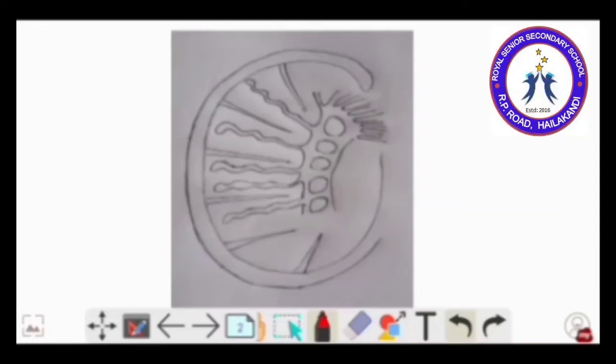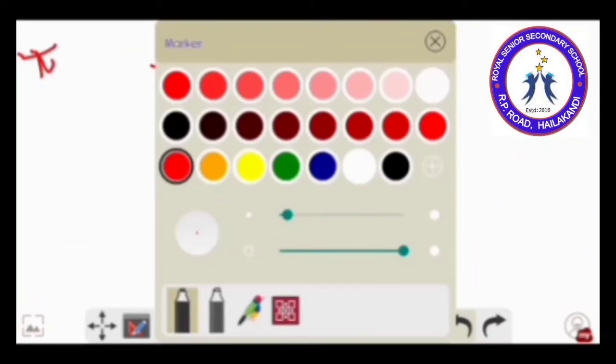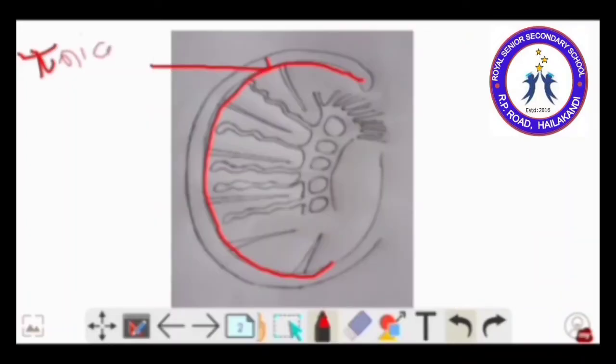Here you can see this is our fibrous capsule, and this line is known as tunica albuginea. This tunica albuginea protects the testis, so it is a protective cover.